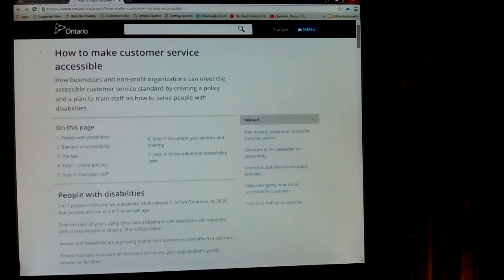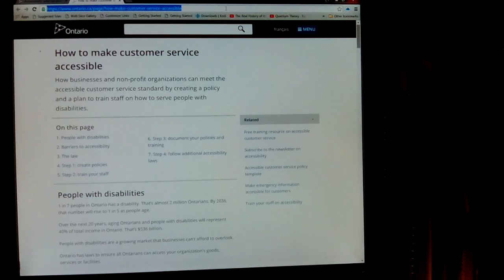And again, this page is available at https://www.ontario.ca/page/how-make-customer-service-accessible.